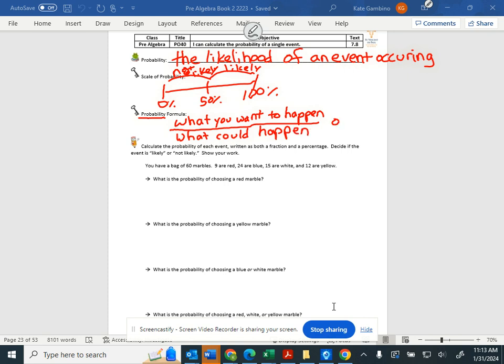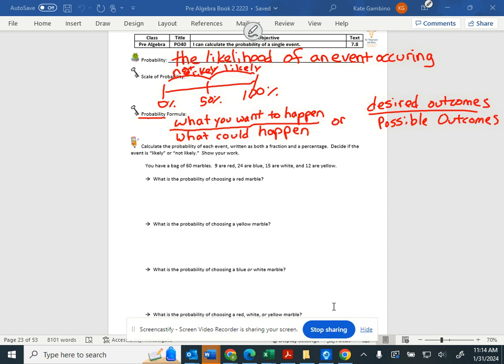Another way of writing that is your desired outcomes over possible outcomes. So what you want to happen, the desired outcomes, and we divide that. Remember that fraction bar means divide, so we divide it by how many possible outcomes altogether there are.